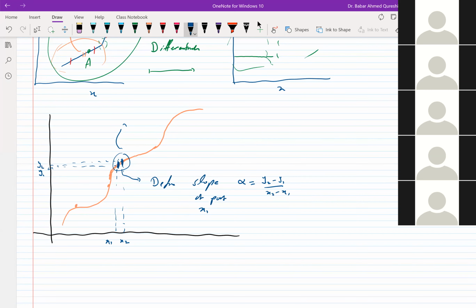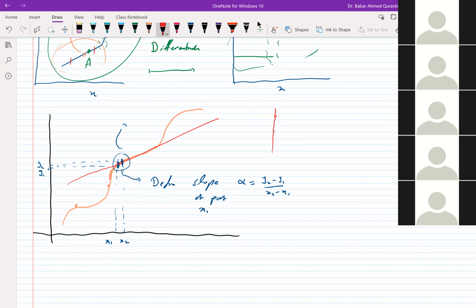Talking in terms of lines, this alpha is the slope of the secant line. So what you are doing is choosing some close enough points, and if you're given any 2 points in the plane, you can draw a line through them. Since you chose 2 nearby points, you can draw a line through them.